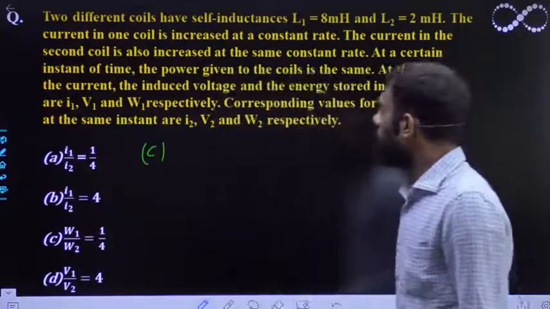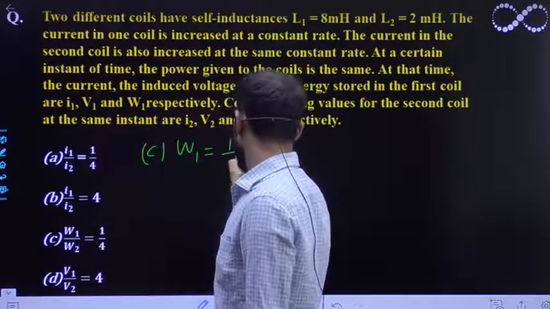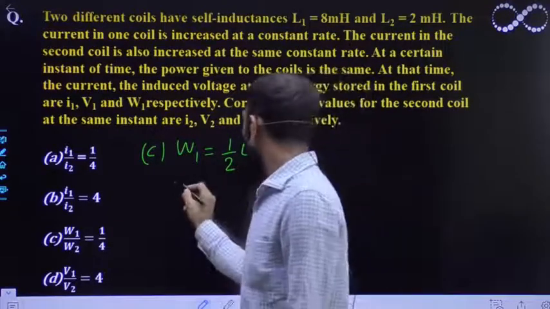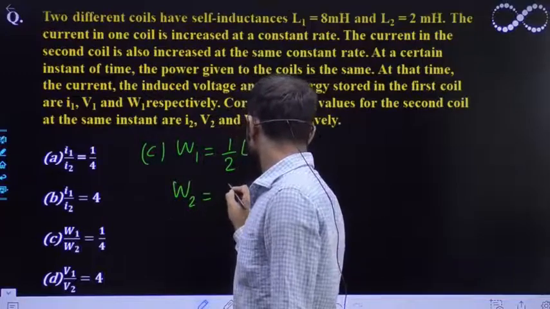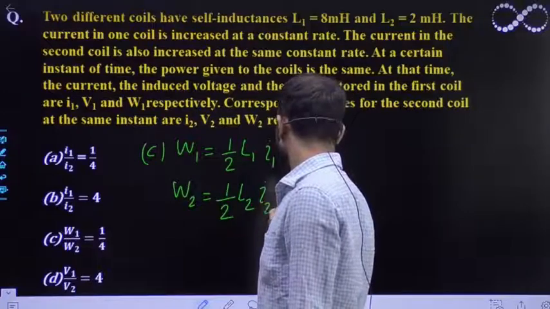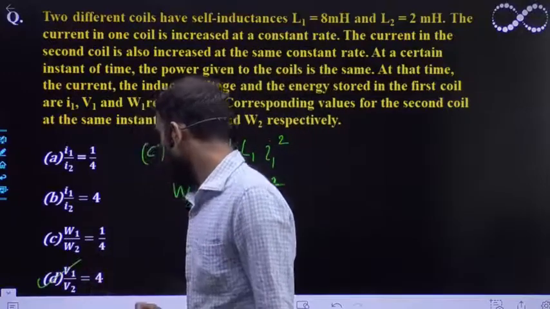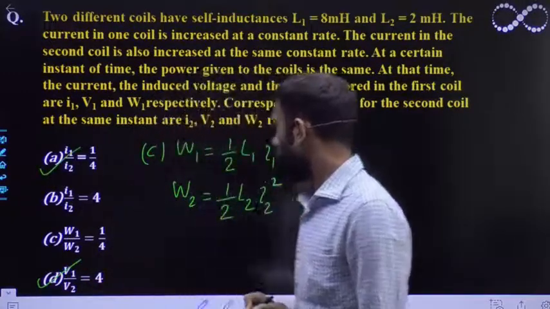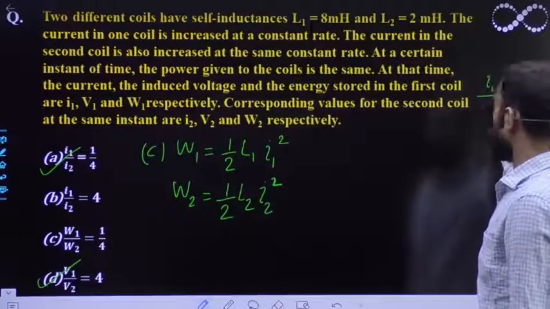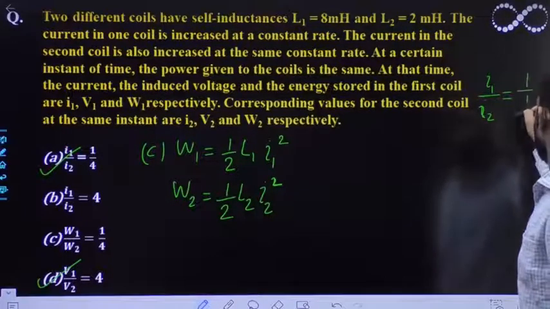W1 is nothing but the energy stored. So W1 will be 1 by 2 L1 I1 square, and W2 will be 1 by 2 L2 I2 square. So till now two options were correct, D and A. I1 upon I2 from the previous slide is 1 upon 4.